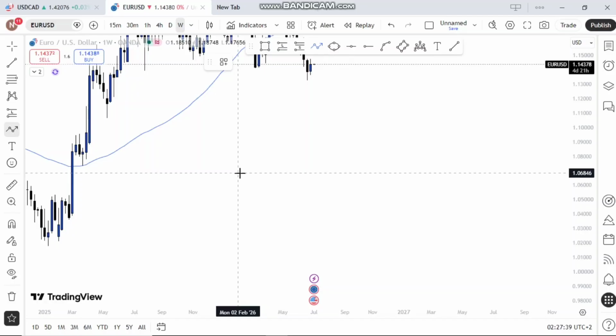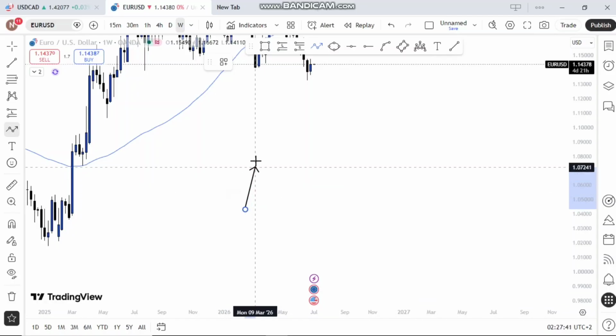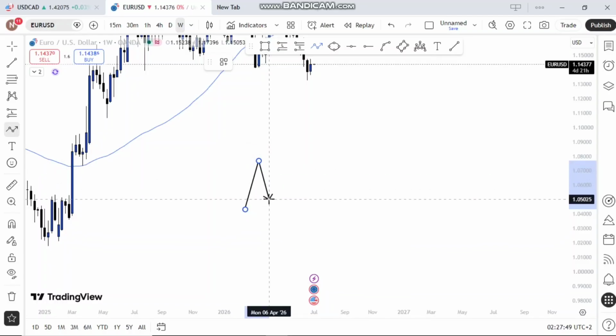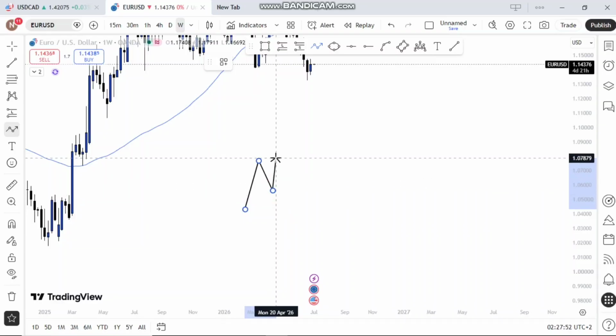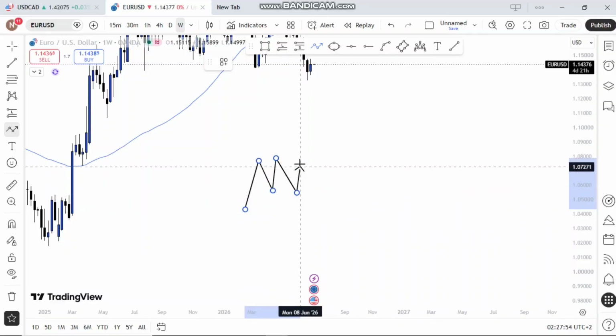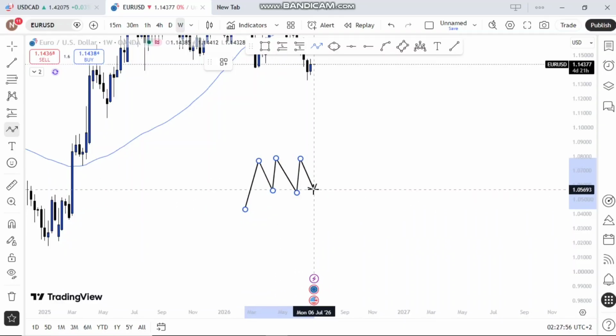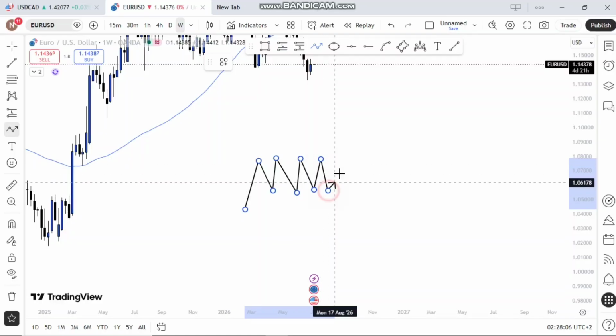Resistance is whereby the market resists breaking above. It's where the market fails to break above. Whenever the market reaches resistance, it falls below.